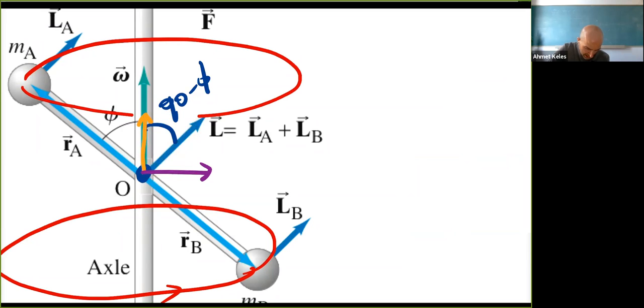Obviously, as the rotation takes place, the orange component stays the same, so I need to focus on the purple component. L times sine of this angle is going to be cosine of this angle, so the purple component is L times cosine phi.